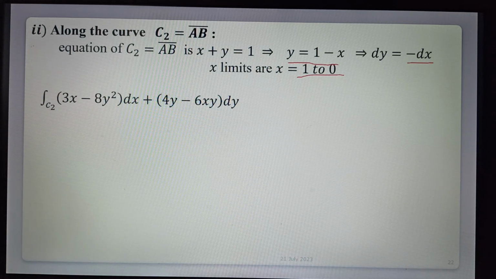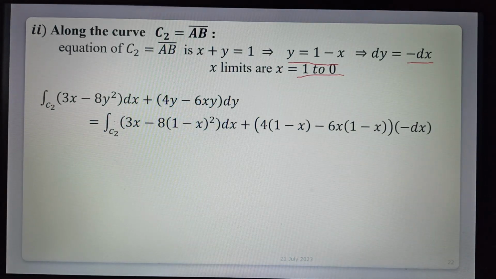So integration over C2, replace y with 1 minus x. That is equal to the integration over C of 3x minus 8 into (1 minus x) whole square into dx plus 4 into (1 minus x) minus 6x into (1 minus x) into minus dx.